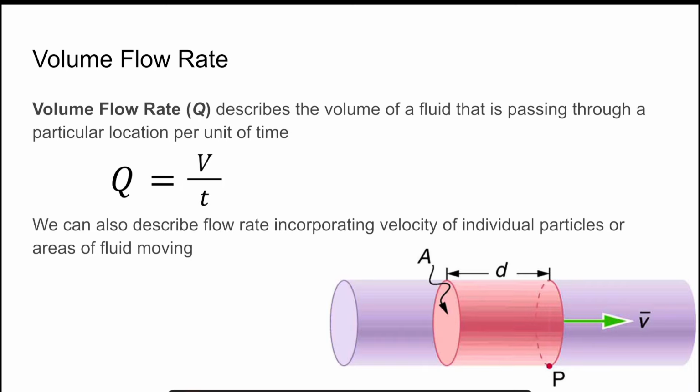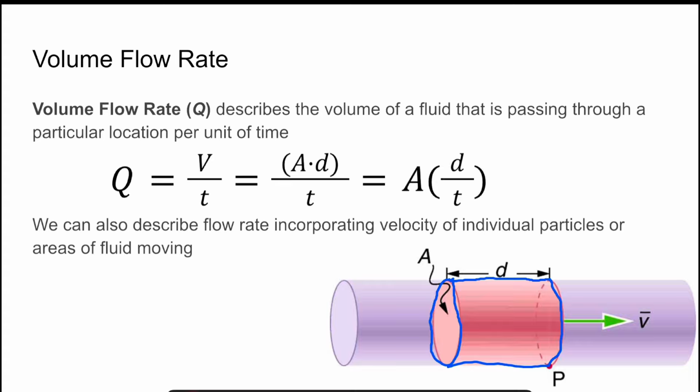We can also describe this flow rate by incorporating the velocity of individual particles or areas of fluid as they move through our flow tube. So our volume, we know, is going to be our area, our cross-sectional area of that flow tube, times the distance that any individual particle is going to move over that interval of time that we're looking at. And that's what will give us this volume that we're looking at right here, right?